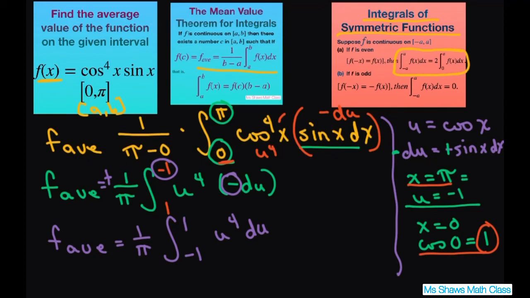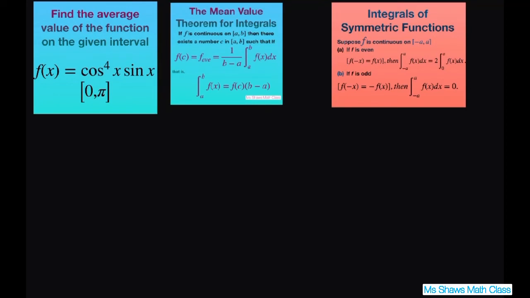So we get 1 divided by pi, now using this, 2 times the integral, and instead of negative a to a, we're using 0 to a. In our case, that's going to be 0 to 1, and then we have u to the 4th du.